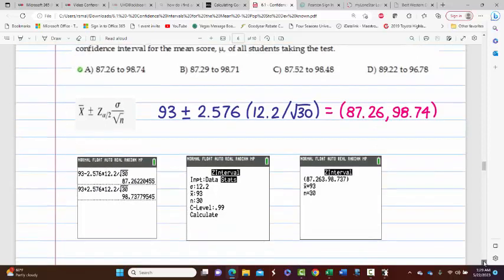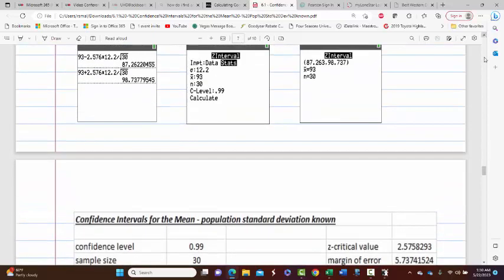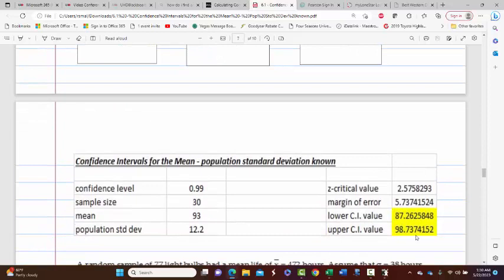Let's check out Excel. 0.99 is your confidence level, 30 is your sample size, mean 93, population standard deviation 12.2. And then there they are, highlighted in yellow, 87.263 to 98.737. So either way, works beautifully.